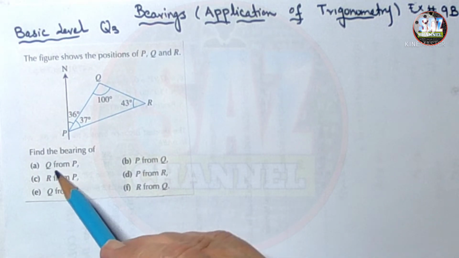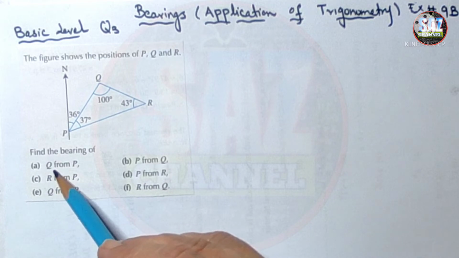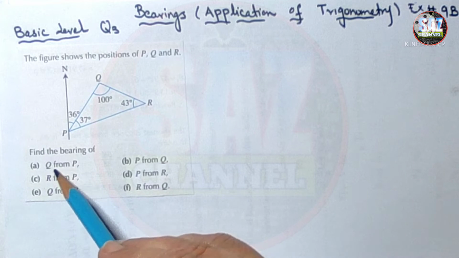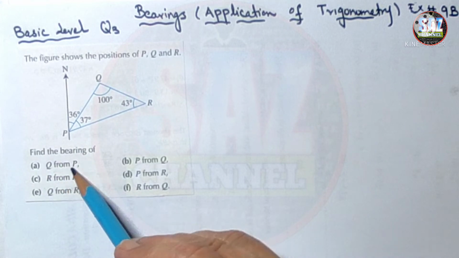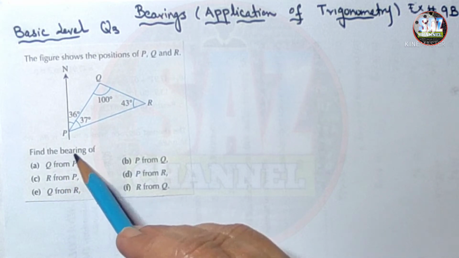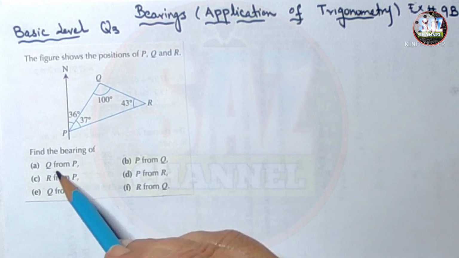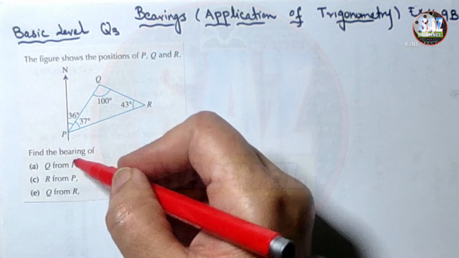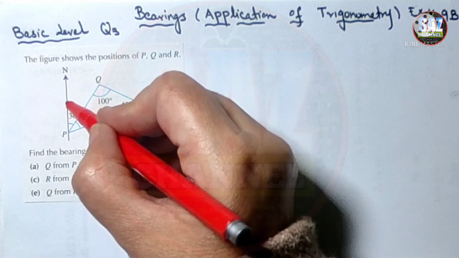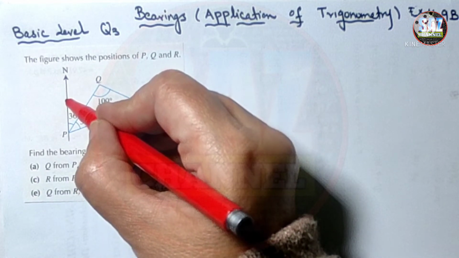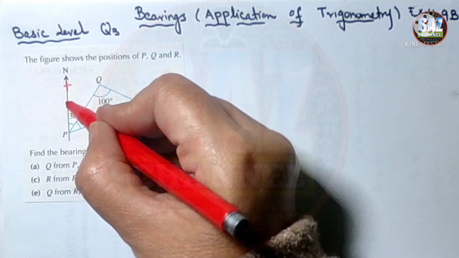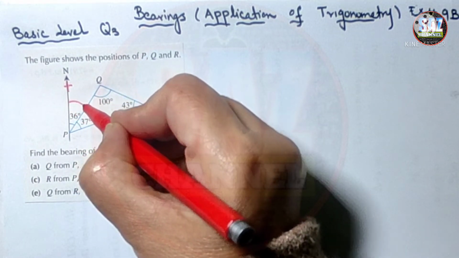Recall my previous lesson: from the north of which point do we have to start the movement? We have to start our movement from the point which comes after "from", and here the starting point from which we have to take the turn, north and clockwise, is P, and P is already on the north. We have to find the bearing of Q from P. So we have to start the movement from this place and take this turn only.